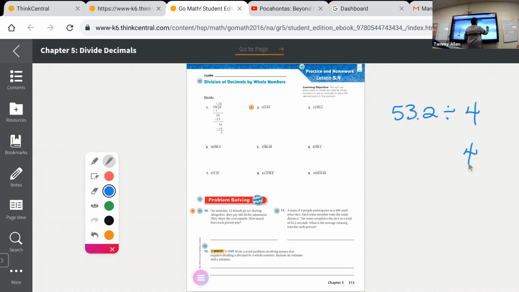What multiple of 4 is close to this? 48. So that would give us 12 seconds for our estimate. The actual is 13 and 3 tenths seconds. Questions on that?